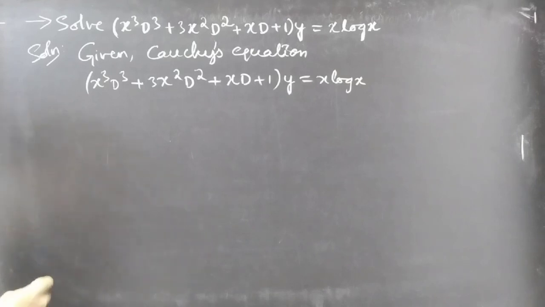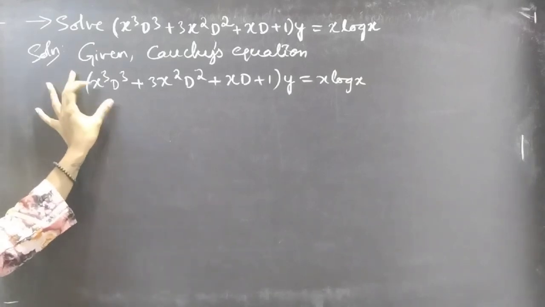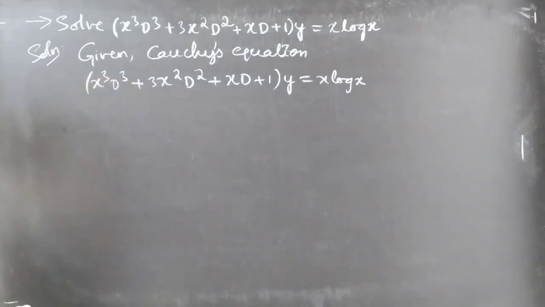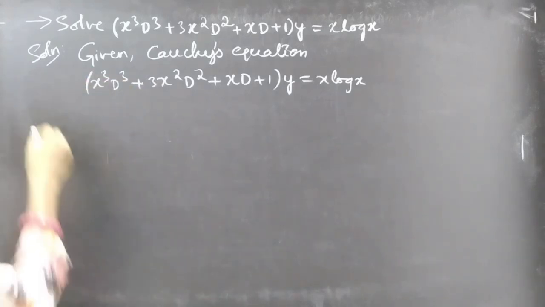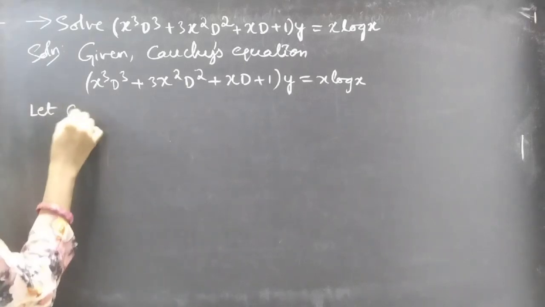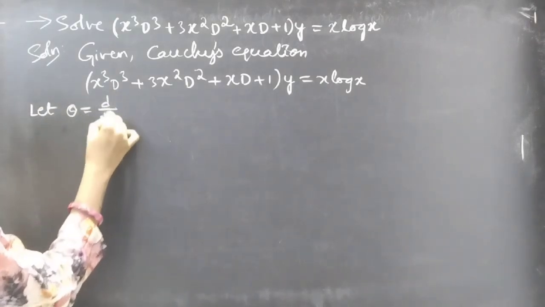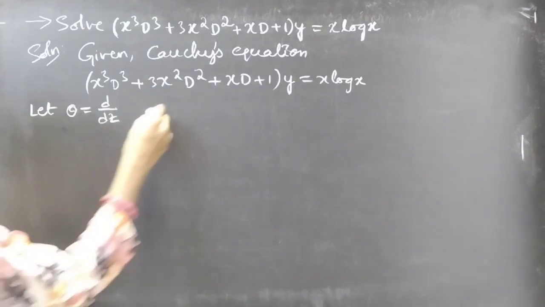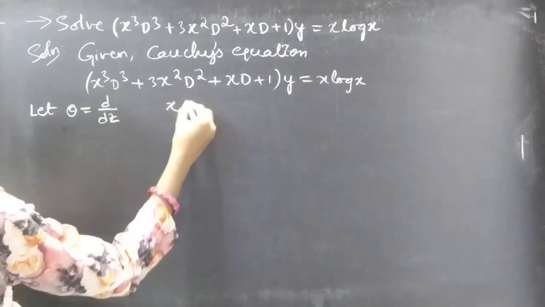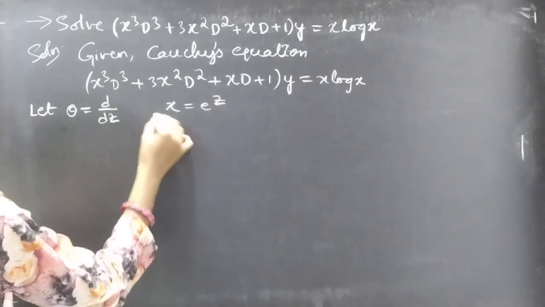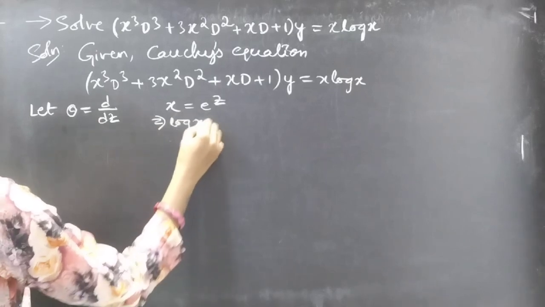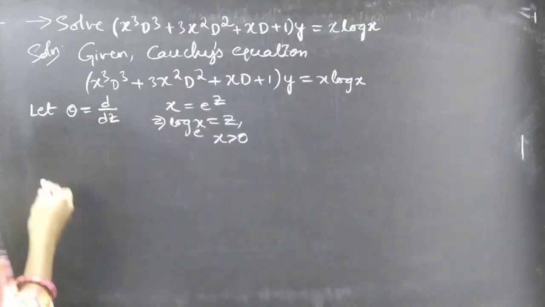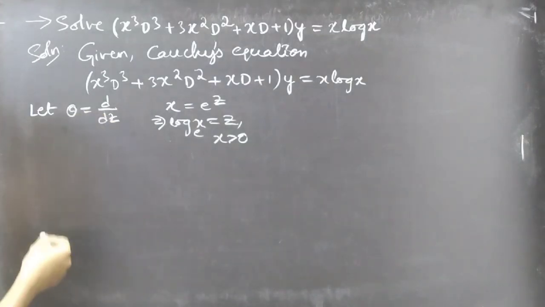Now, we have to reduce the given differential equation with variable coefficients to a differential equation with constant coefficients by making some substitution. Let x equal to e power z, then log x to the base e equals z for x greater than 0, and also theta equals d by dz.